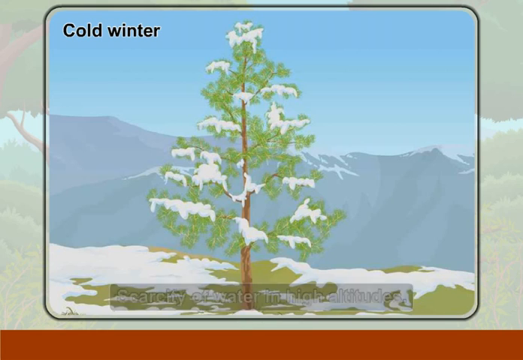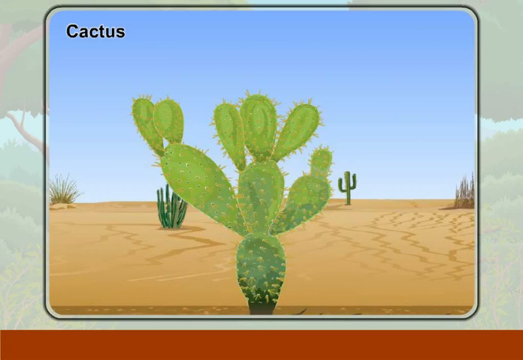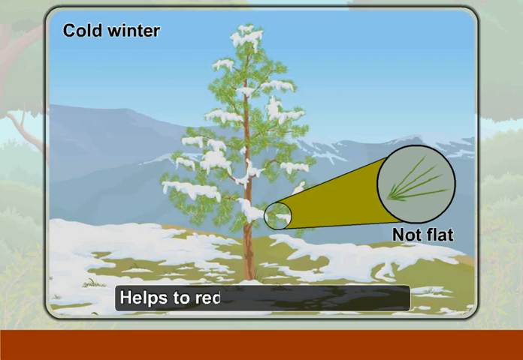At this time, the pine tree needs to save water in its body. Like the cactus thorns, the needle-like leaves of the pine tree are not flat. This helps to reduce the loss of water.